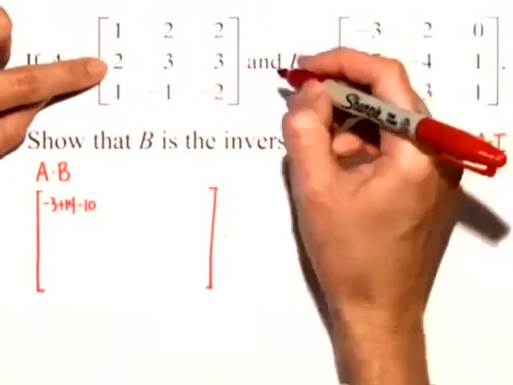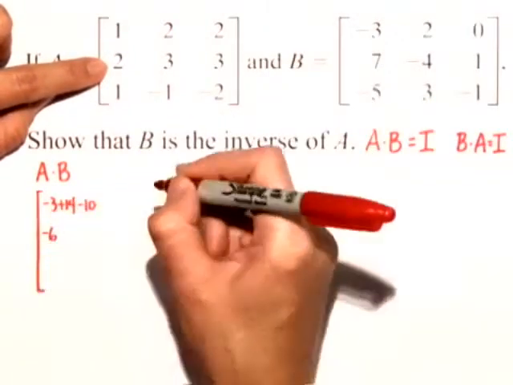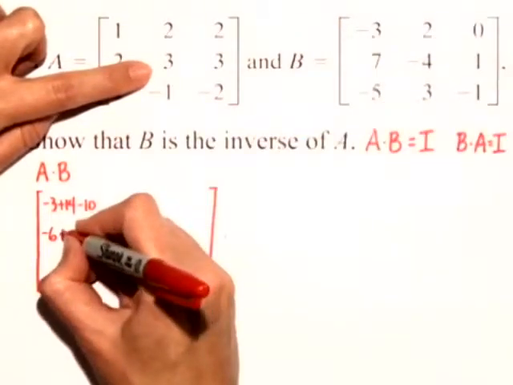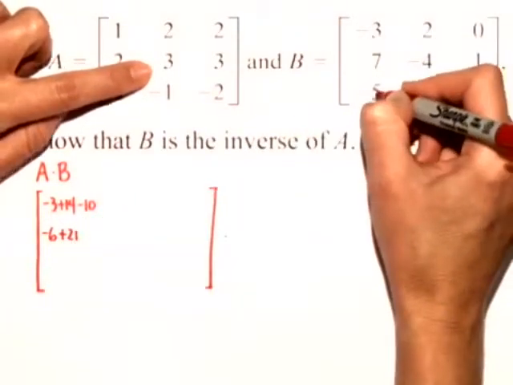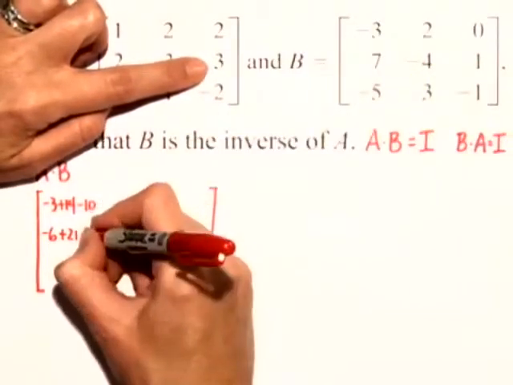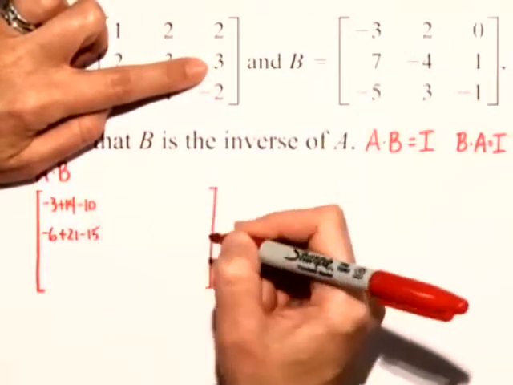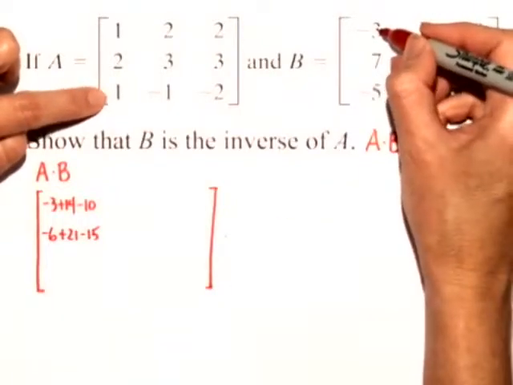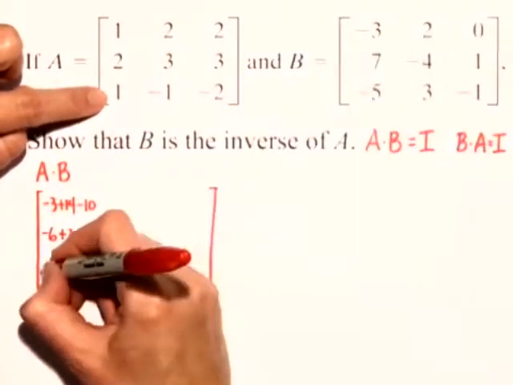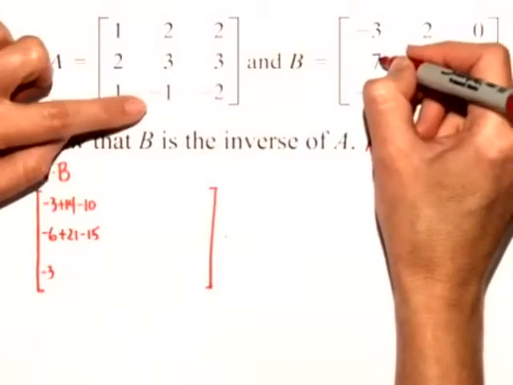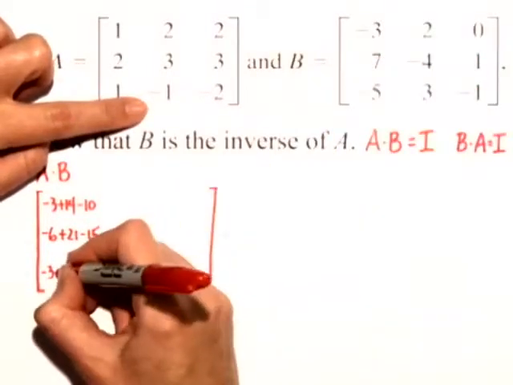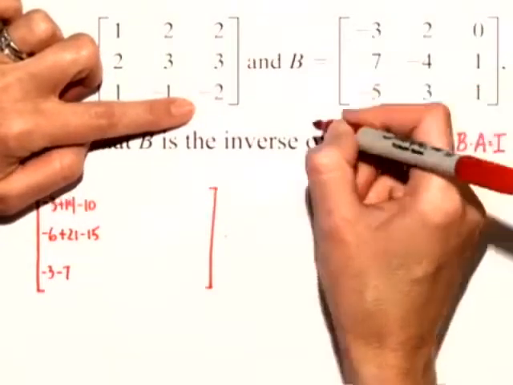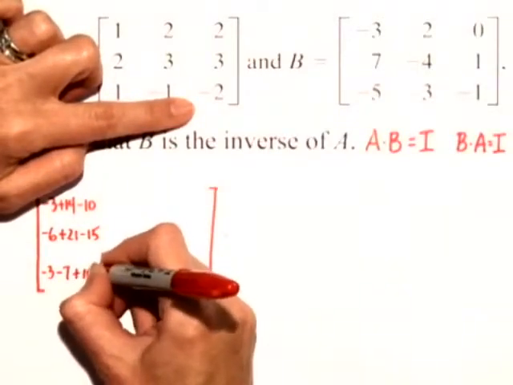We have 2 times negative 6, which is negative 6, plus 3 times 7, which is 21, plus 3 times negative 5, which is minus 15. Going down to row 3, column 1, we have 1 times negative 3, which is negative 3, plus negative 1 times 7, which is negative 7, plus negative 2 times negative 5, which is positive 10.